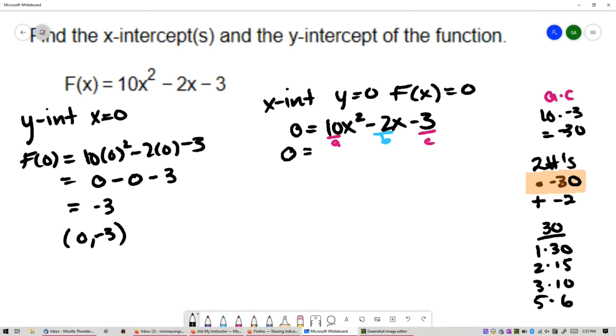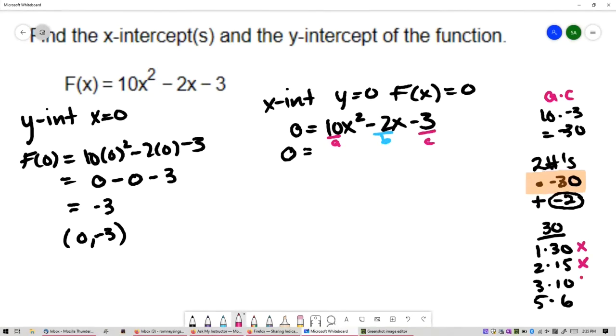And then I want to think about the middle number. These are all the possible pairs that multiply to be 30. And I need to find a pair of numbers that will give me a negative 2. I'm not able to get that from adding or subtracting 1 and 30. I'm not able to get that from adding and subtracting a 2 and 15.